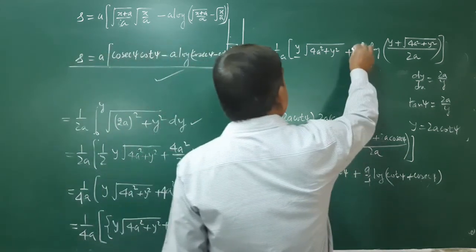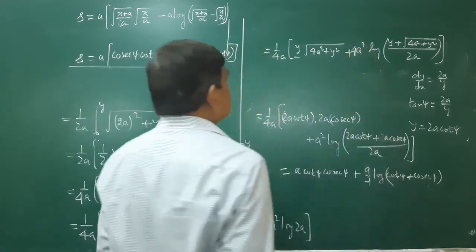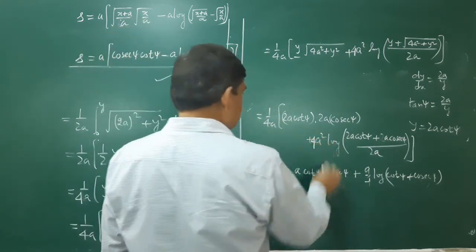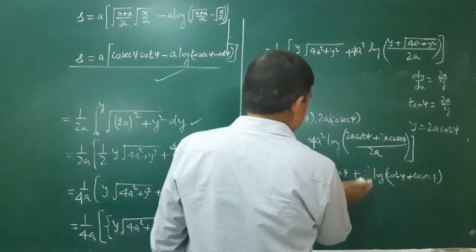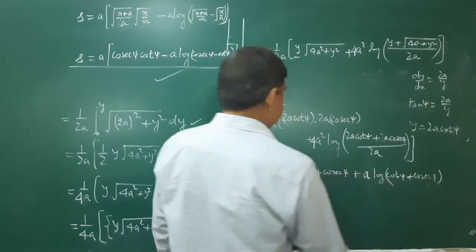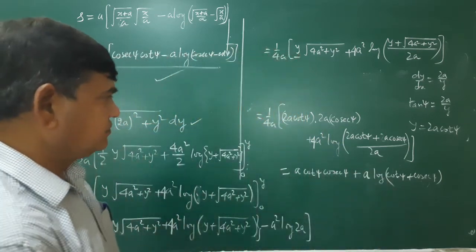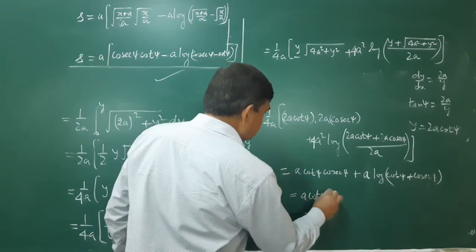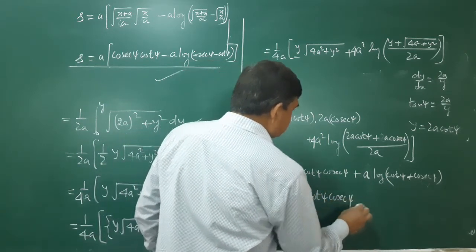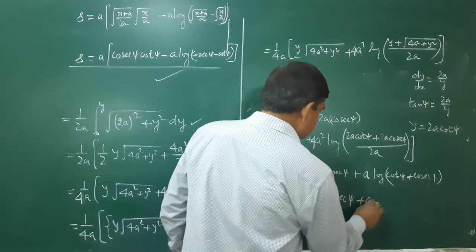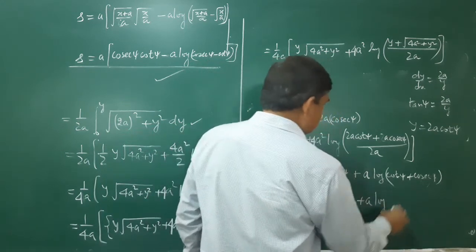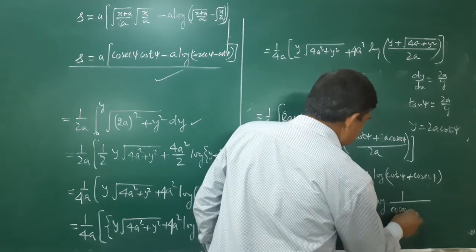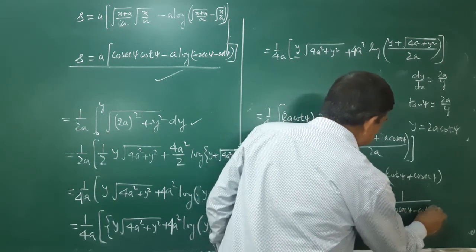This is 4. This is 4. So this is a. And this is a cot psi cosec psi plus a log. This is 1 upon cosec psi minus cot psi.